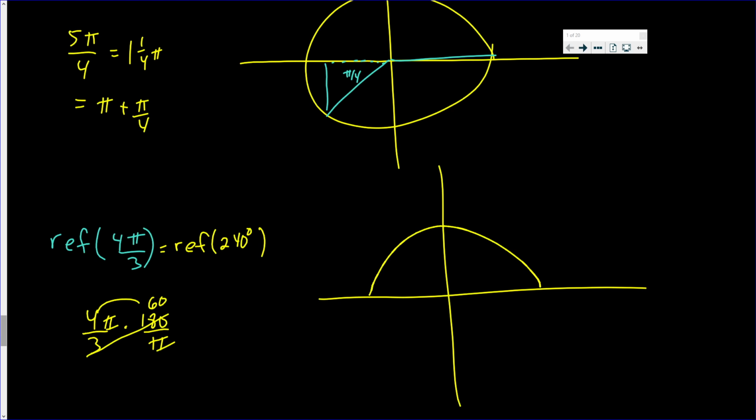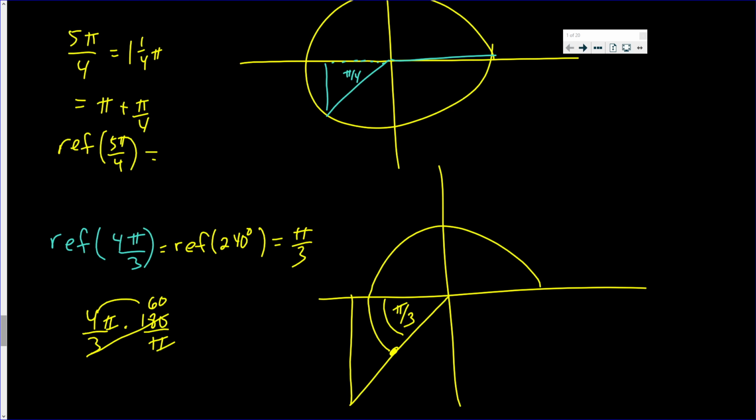Well, this is 180 and you go 60 more. That is, you end up here. That is your reference angle. It is 60 more, 180 divided by 3. So the reference angle of 240, or 4 pi over 3, is pi over 3. For the last problem, the reference angle of pi over 4 is pi over 4.